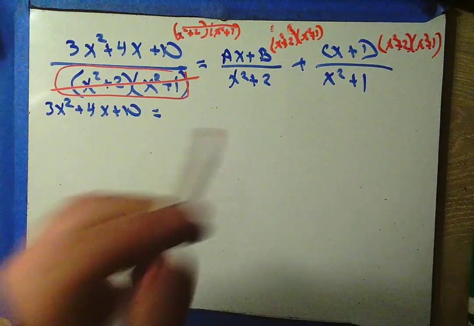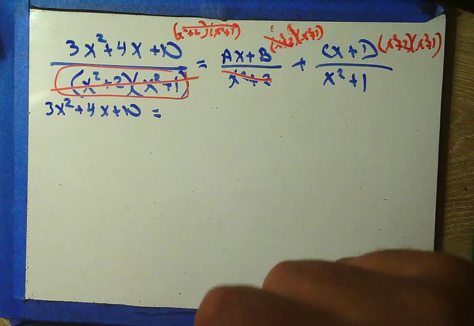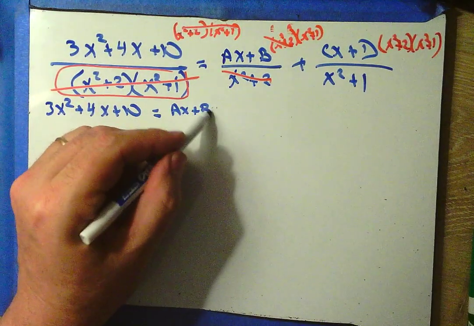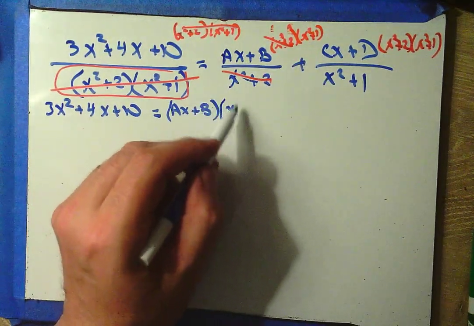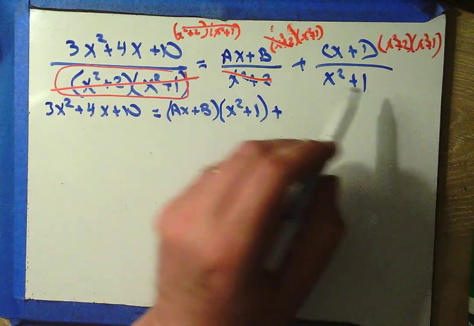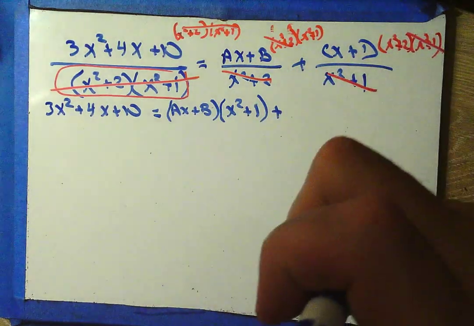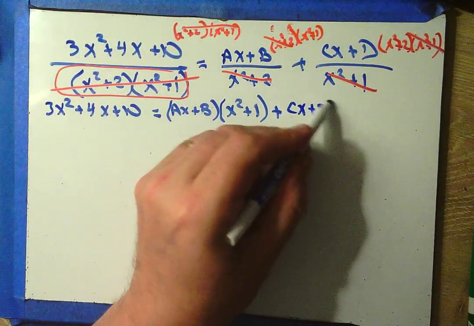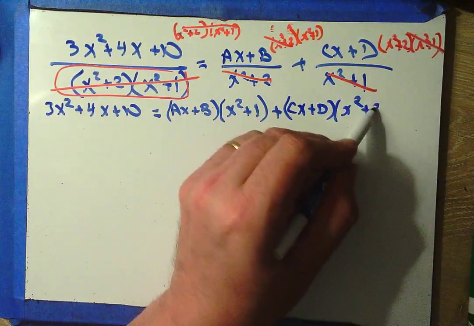Over here, the x squared plus 2's cancel, leaving me with ax plus b. Notice I'm putting it in parentheses because I have to multiply it with x squared plus 1. And then over here, we see that the x squared plus 1's cancel, leaving us with cx plus d times x squared plus 2.